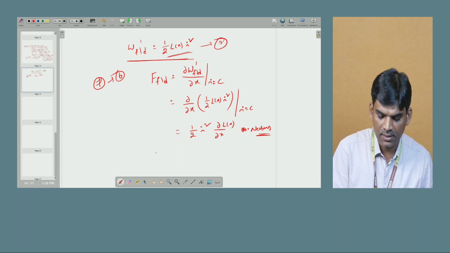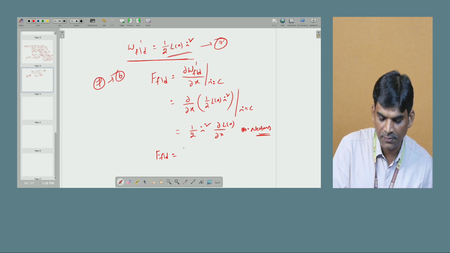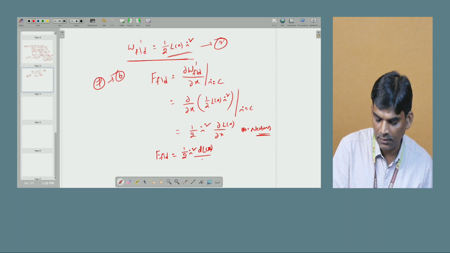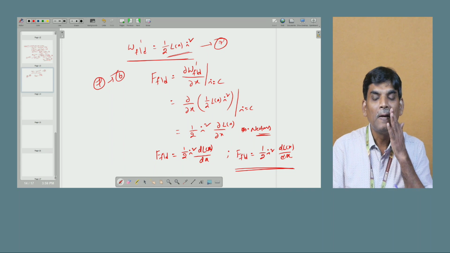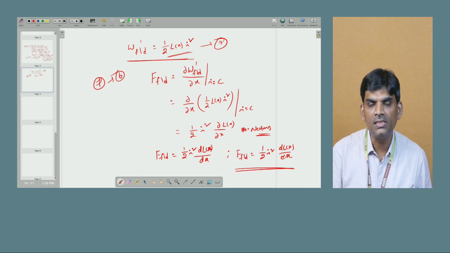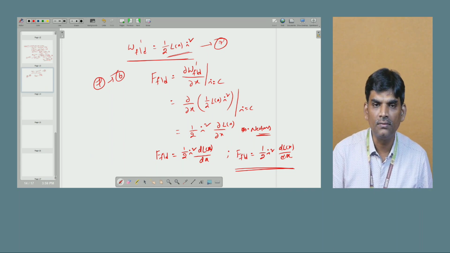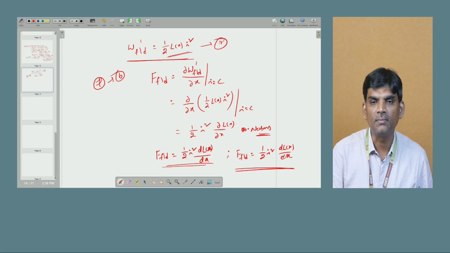In the field energy force equation, previously calculated from energy, we got the same equation: half i square dou L of x by dx. Here also from coenergy, this is the equation you get, half i square dL of x by dx, simply the differentiation with respect to x. Either it is coenergy or energy, the answer is similar.